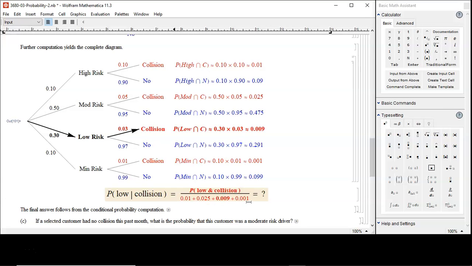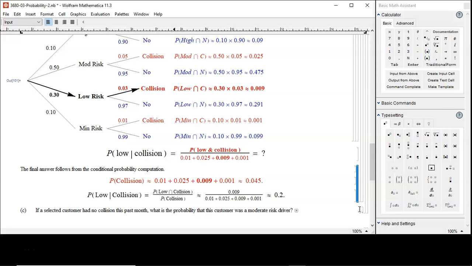So down here, all possible collisions from all four categories, and among those four possible collisions, the one that I want is the one that came from low risk drivers. So here's a computation, down here all these, and then up here, this particular one, which I just highlighted in bold.